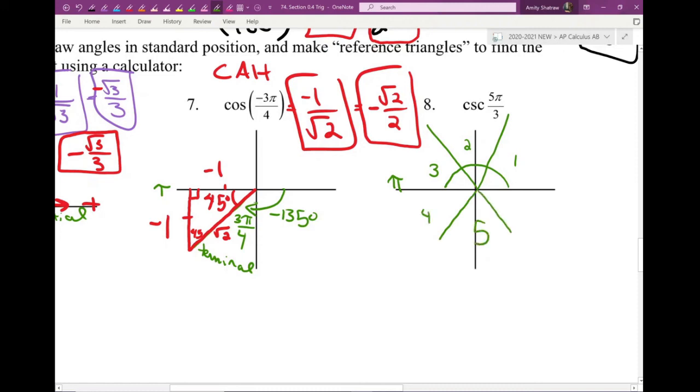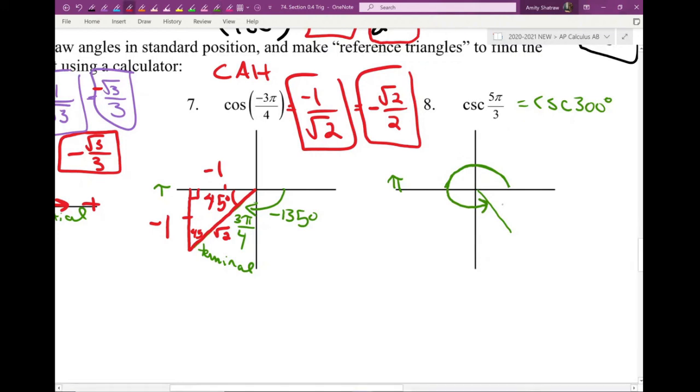Do you see how I did that? But you can convert it using your conversion formula if you want to. You would end up at 300 degrees. So this is the same as cosecant of 300 degrees. And by the way, I'm going to end up right all the way over here. And I don't need any of these helper lines. They actually kind of are a little confusing.